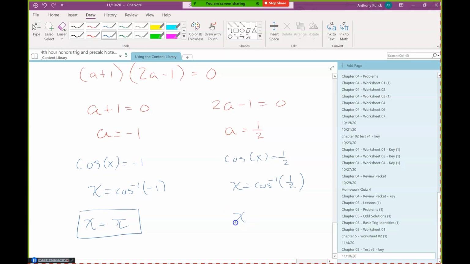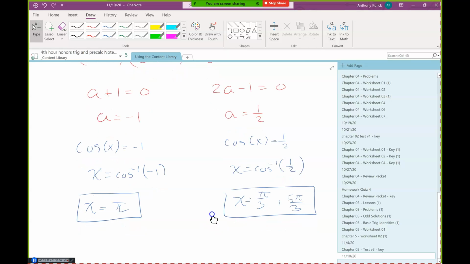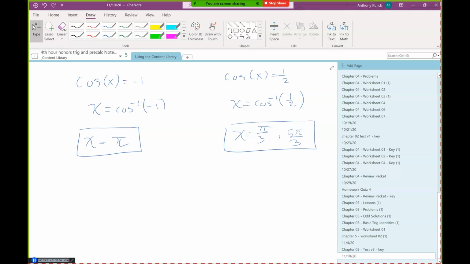And at the place where cosine x is equal to 1/2, well, that happens at pi over 3 and 5 pi over 3. Is everybody okay with that?